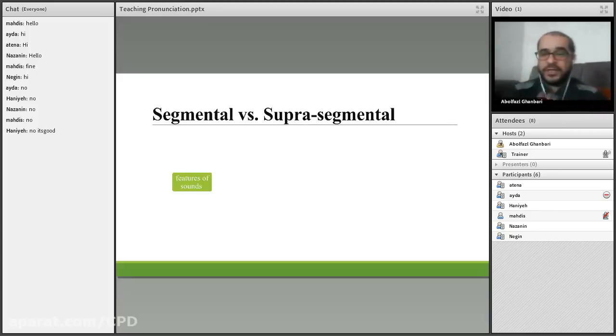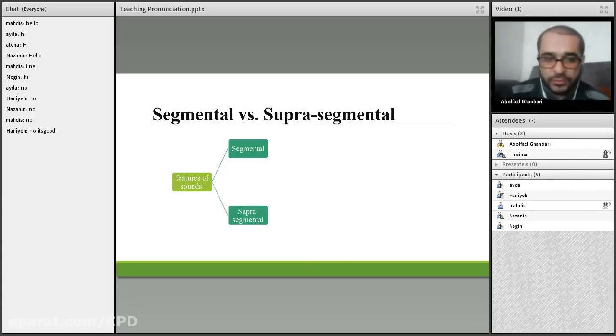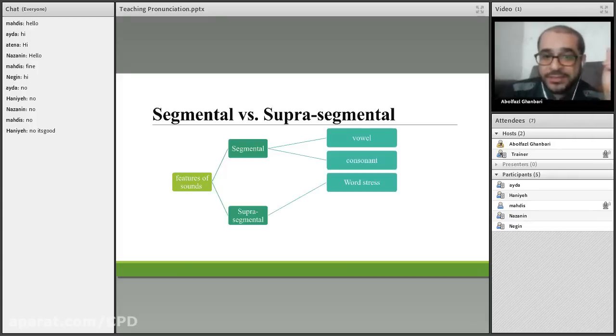So we divide and categorize different parts of phonology into two categories. We call them features of sounds. One type is called segmental, and the next one is suprasegmental. By segmental features, we mean vowels, consonants, and diphthongs.